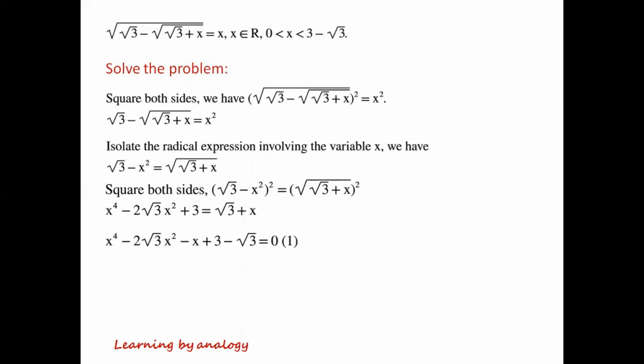Simplifying further, we have x⁴ − 2√3 x² − x + 3 − √3 equals 0.